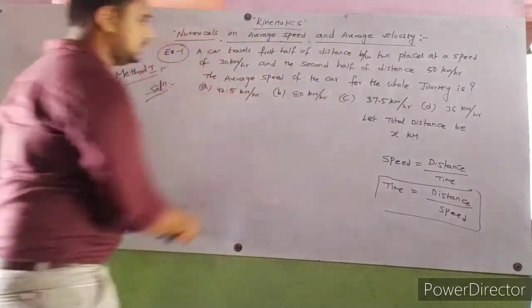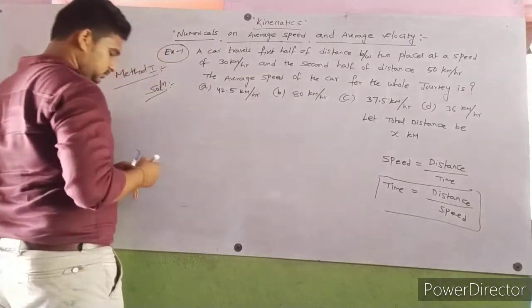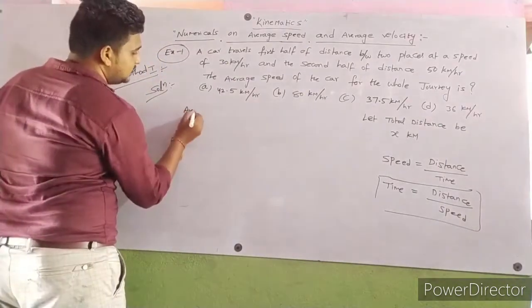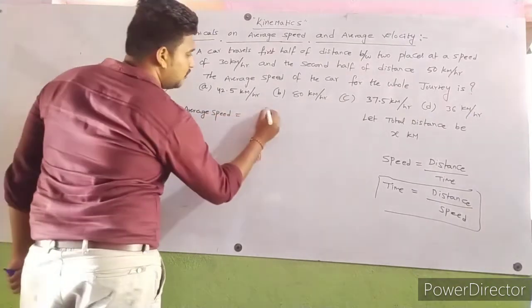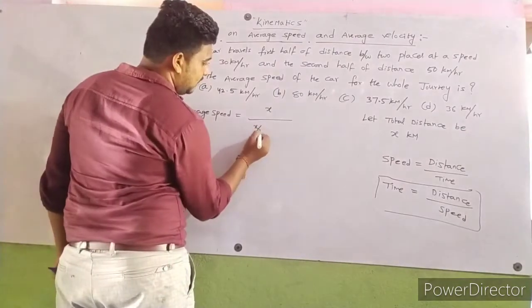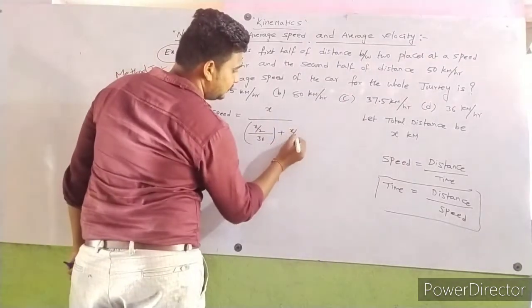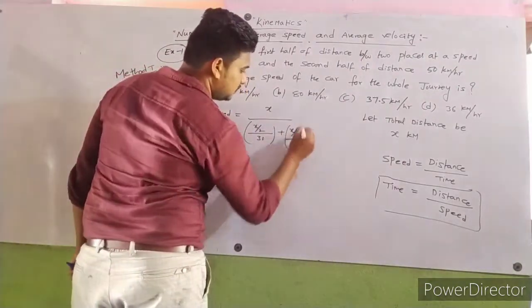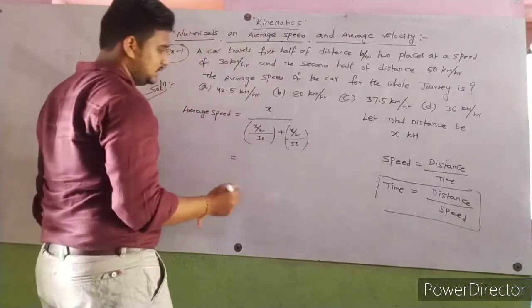How to solve this? Average speed is equal to x, the total distance, over x by 2 by 30 plus x by 2 by 50. Here x by 2 is taken as common.